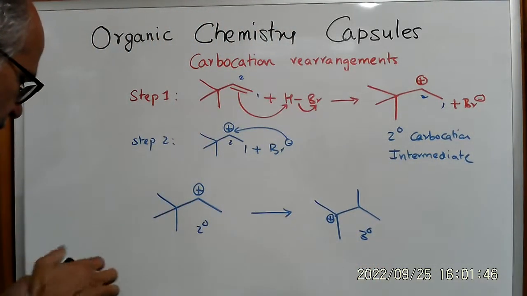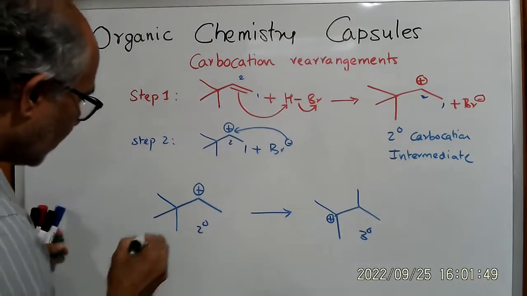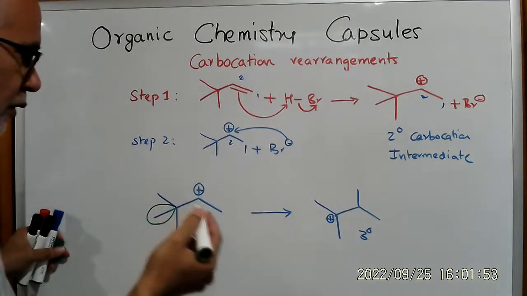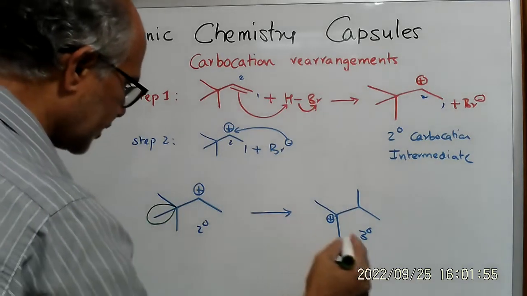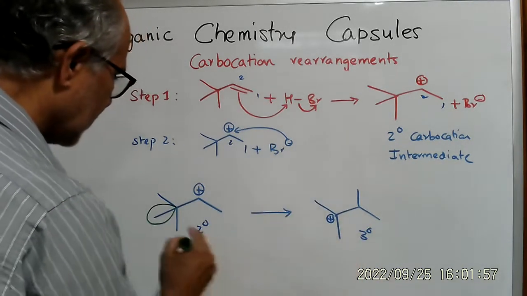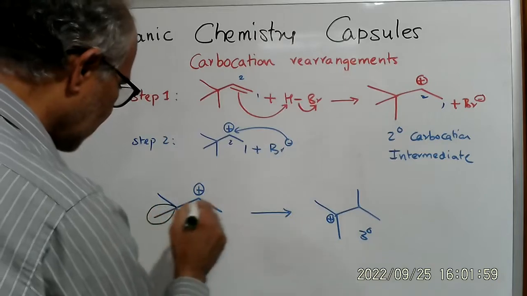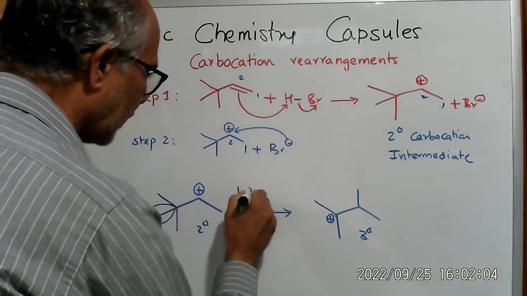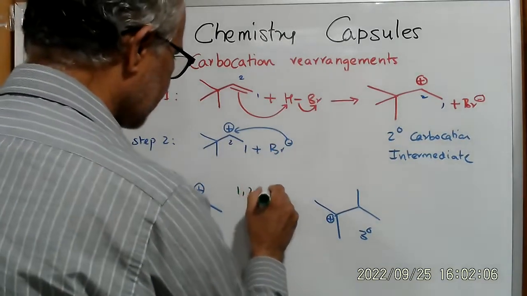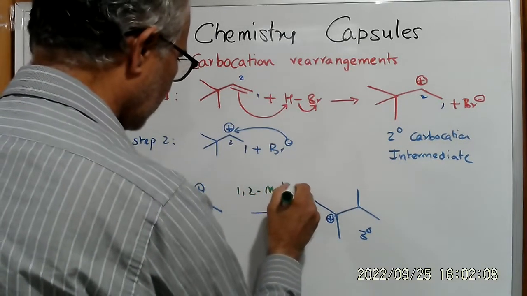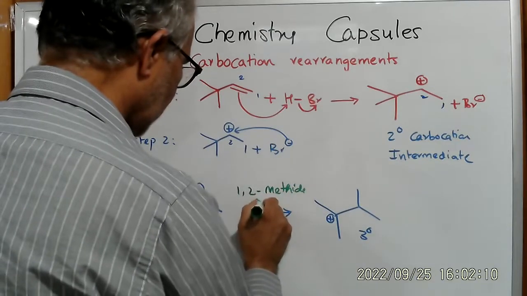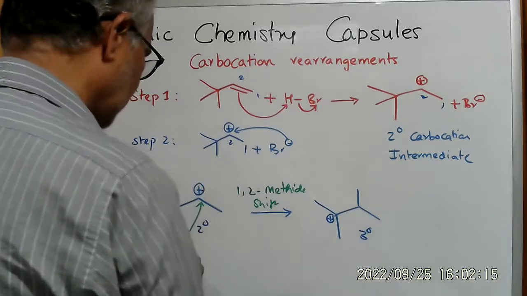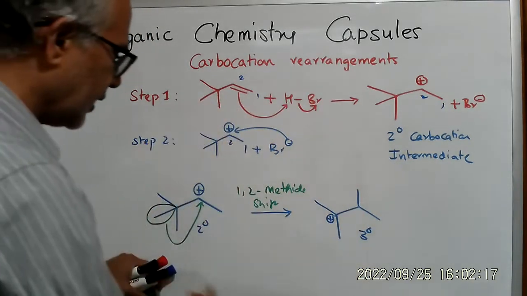That involves, similar to last time, one of these methyl groups. In the last example it was hydrogen, so we called it a 1,2 hydride shift, H minus. Here the CH3 group is migrating along with its 2 electrons, so we call it a 1,2 methide shift. That methyl group is picking up those 2 electrons and migrating to this carbon. So you got a rearrangement.